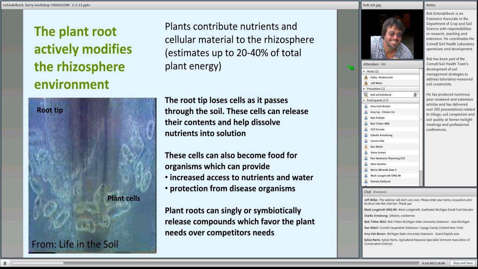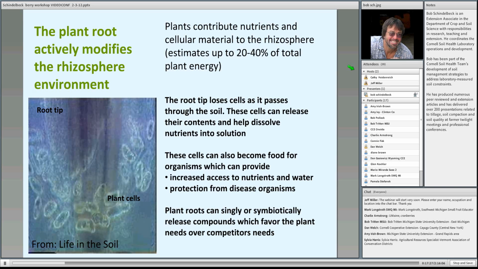In fact, some estimates suggest that even up to 50% of plant photosynthate is used underground to not only grow roots and the dry matter of the roots, but the root is actually giving these cells, if you will, this energy to the environment in the rhizosphere, just like it's giving leaves in the fall to the soil above ground.